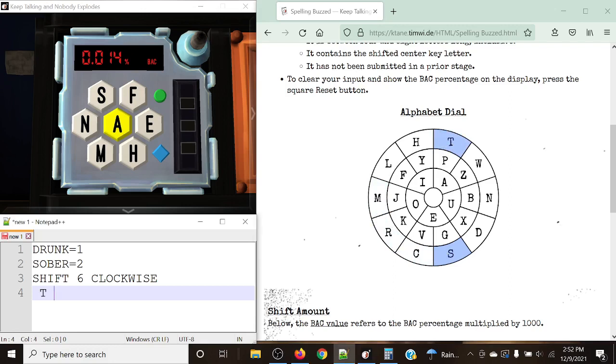Excuse me. Next up, Foxtrot. Foxtrot is going to be shifting 6 clockwise. 1, 2, 3, 4, 5, 6 to Golf. November is going to be 1, 2, 3, 4, 5, 6 to Lima. Alpha is going to be 1, 2, 3, 4, 5, 6 to uniform in the center.